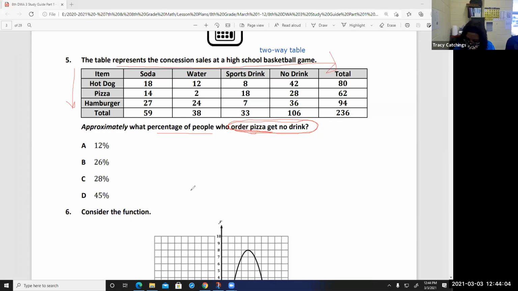Y'all made it? What you got? Good job, 28. So that means 28 will be our numerator. The first thing they mentioned was pizza. So we need the total of how many people ordered pizza. Good job. That's the overall total. Now somebody divide that out.